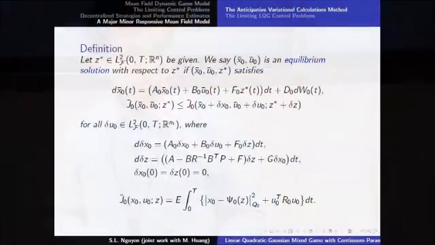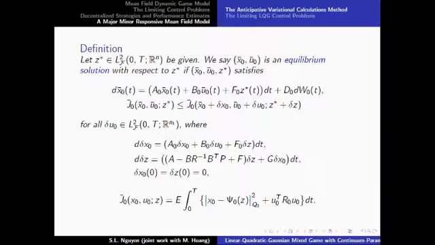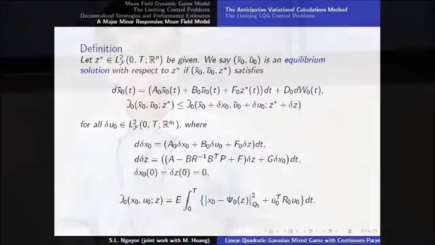So to solve this problem, we need a more flexible definition for the control problem. So we say that x naught bar, u0 bar is an equilibrium solution with respect to a process z star if we have this inequality.